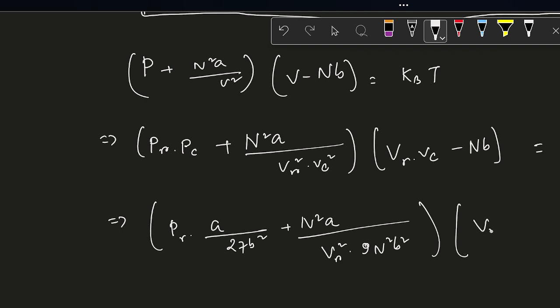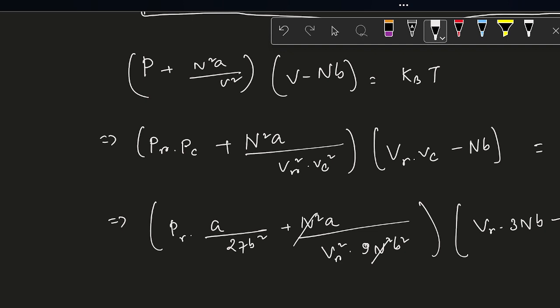Then VR into VC is VR into 3NB, minus NB, equal to KB TR into TC, which is 8A by 27B. Now let us cancel out some of the common terms. N squared cancels out, and whatever is left we can simplify and take common in some terms, like we can take common A by 27B squared.